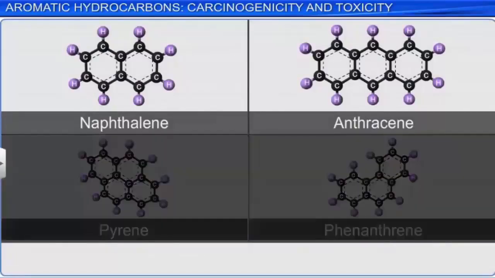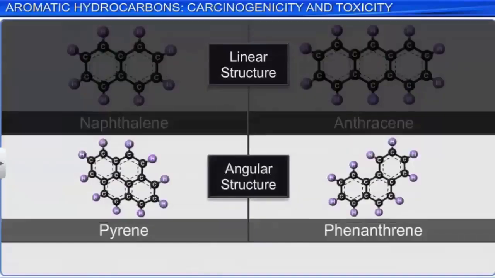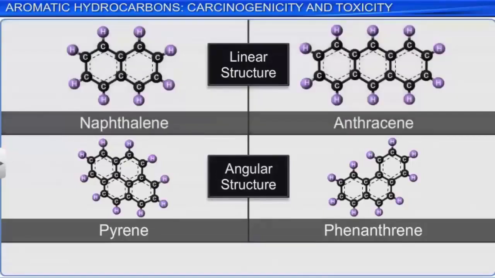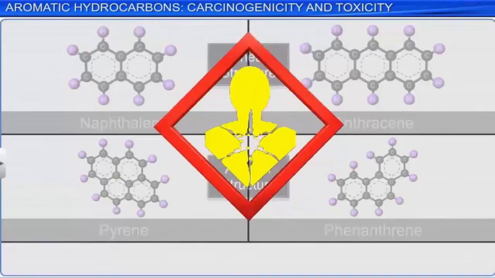Examples of hydrocarbons with a linear structure are naphthalene and anthracene, and those with an angular structure are phenanthrene and pyrene. These hydrocarbons are carcinogenic, that is, they cause cancer.